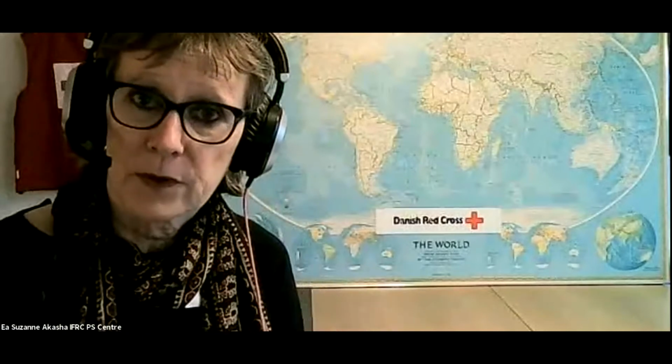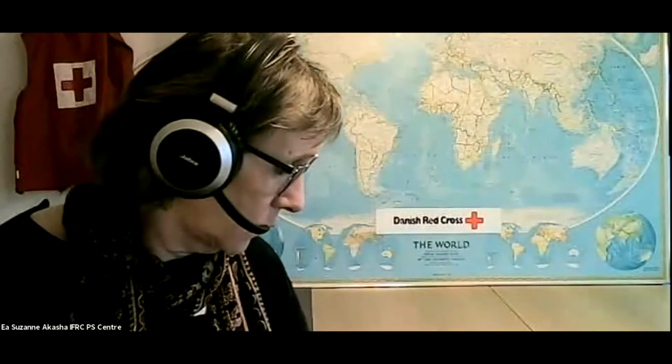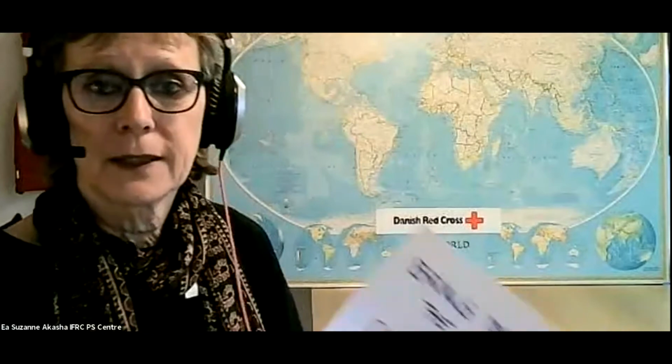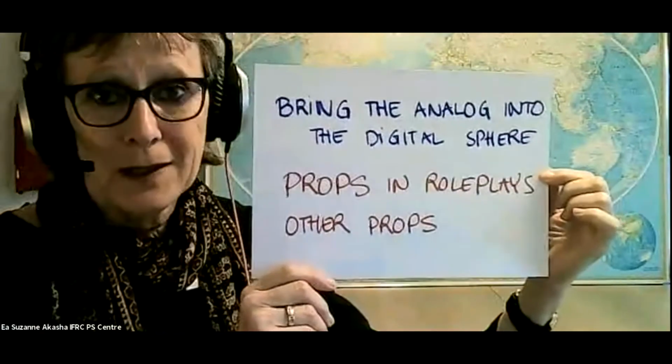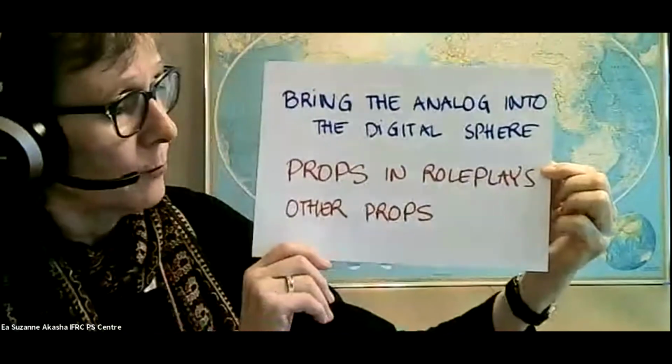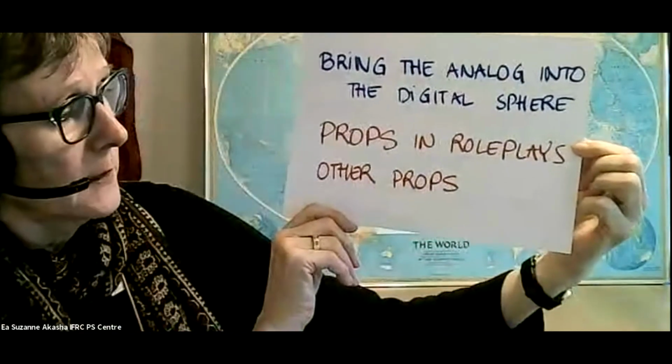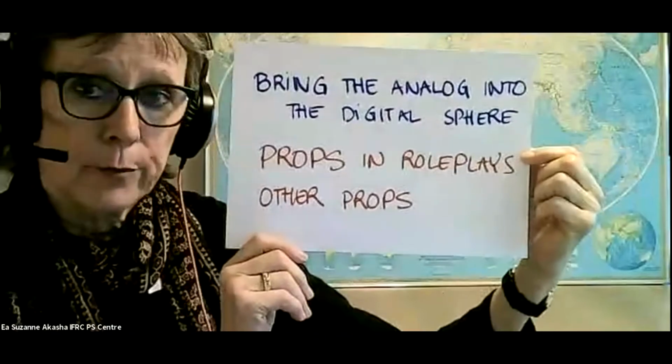So we need to go to the deep learning, and to go to the deep learning, we have to engage participants, and this is when we use the breakout rooms and we use props to make it engaging. So I'm going to show you a few ways we can bring the analog into the digital space. We're going to talk about props in role plays, and we're going to talk about other props.